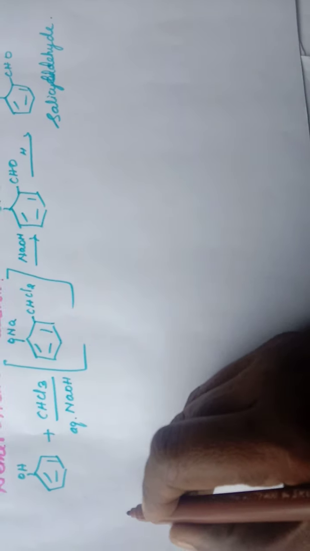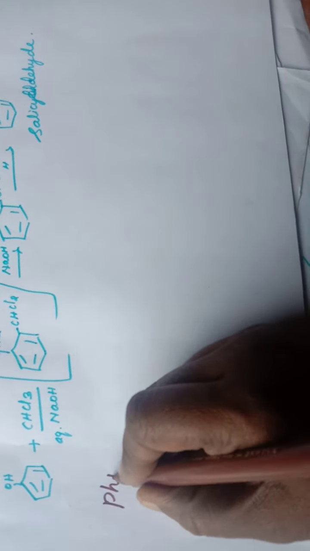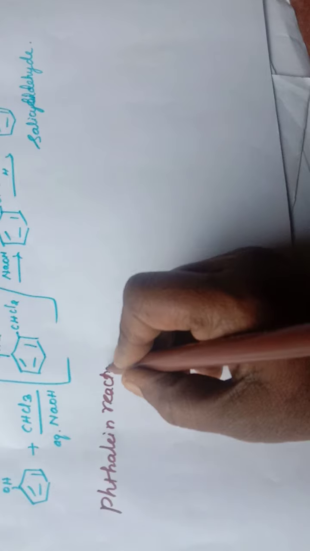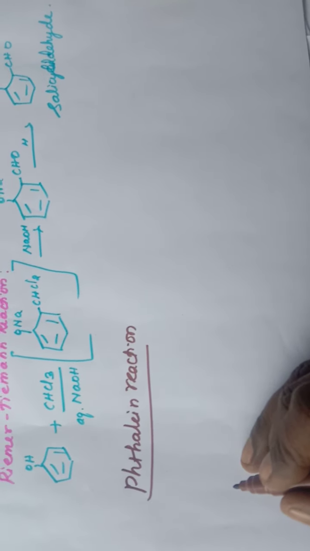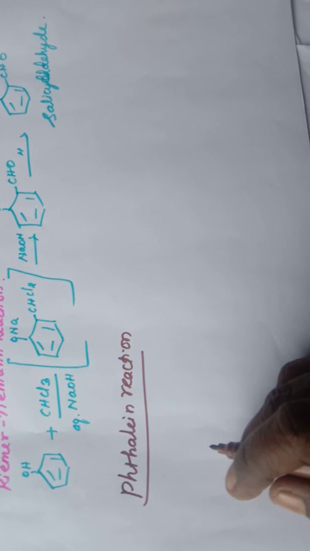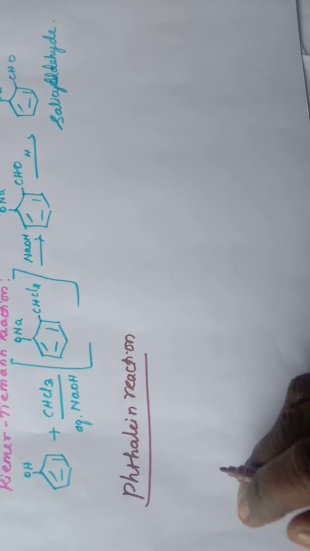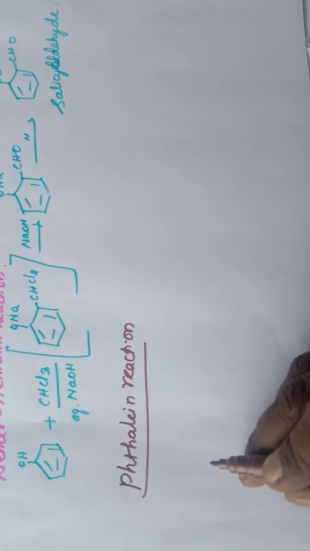The next one is the Thalein reaction. In this reaction, phenol is heated with phthalic anhydride in the presence of concentrated sulfuric acid, and phenolphthalein is obtained.